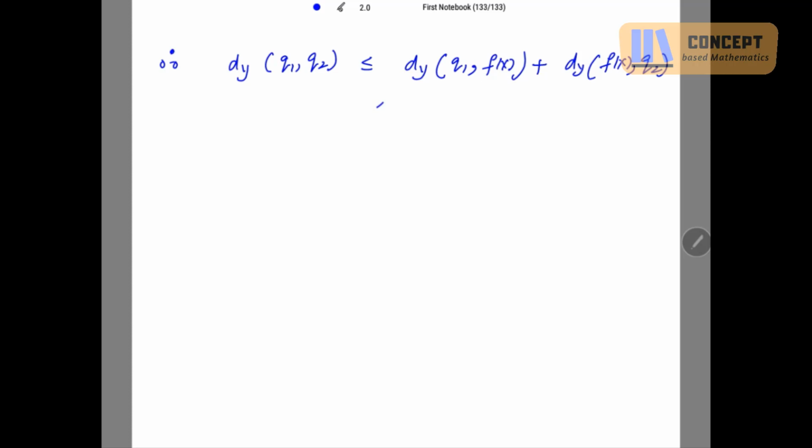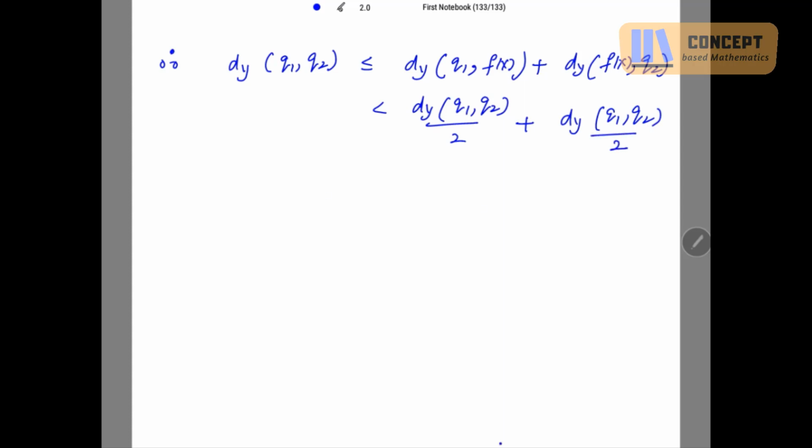This distance is less than epsilon, my epsilon being q1 comma q2 by 2, and this distance is also less than epsilon, again q1 comma q2 by 2.